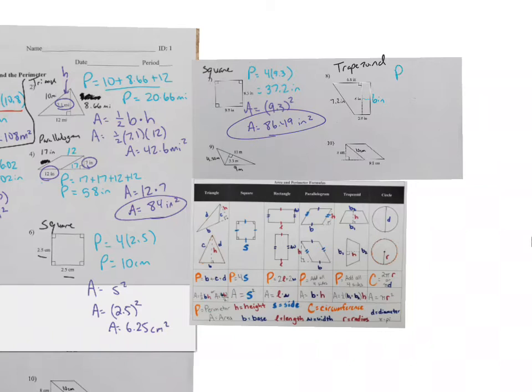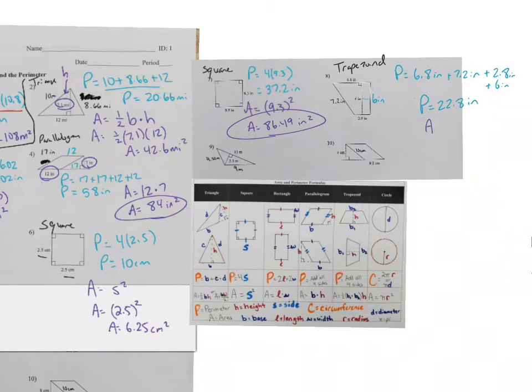So my perimeter is going to be all 4 sides together, 6.8 inches plus 7.2 inches plus 2.8 inches plus 6 inches. So I just do 6.8 plus 7.2 plus 2.8 plus 6. I end up with my perimeter to be 22.8. It's just regular inches. Remember, perimeter is always inches, just regular units.